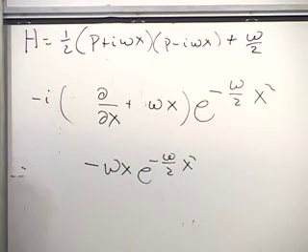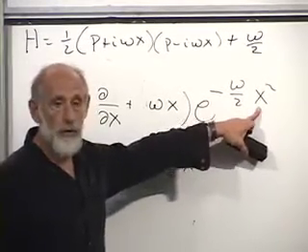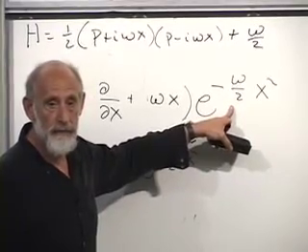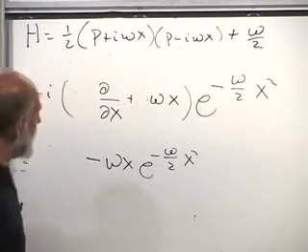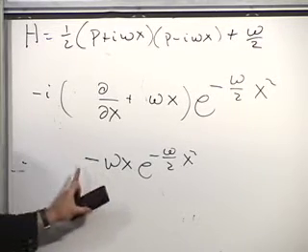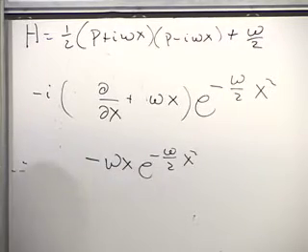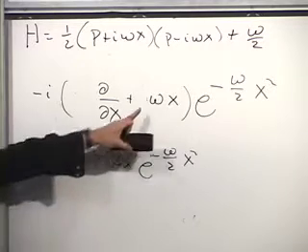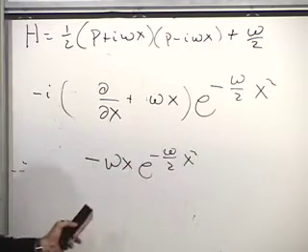Differentiating the x squared gives me a 2, and that eats this 2 here. So no 2. The first term just gives me minus omega x e to the minus omega over 2 x squared, and the second term just gives me plus the same thing.